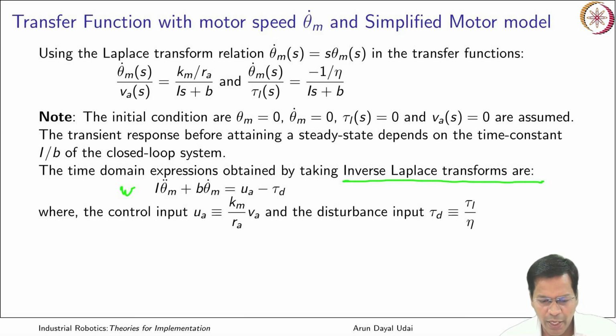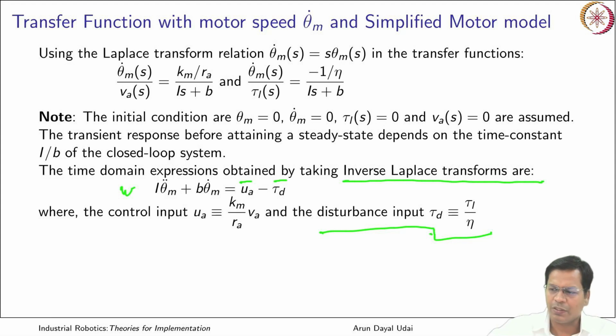And you now have UA minus TD. What are those? TD is the disturbance input, that is from the load side. I am seeing this load as a disturbance now. This can be a payload, a supplementary load, or some sort of external force as noise. So that is now my disturbance force.